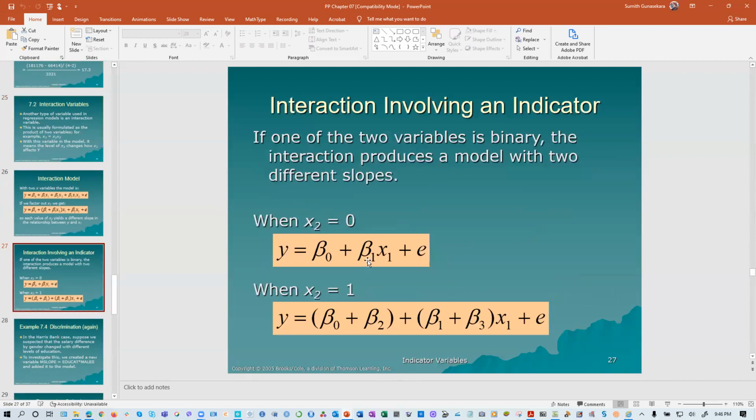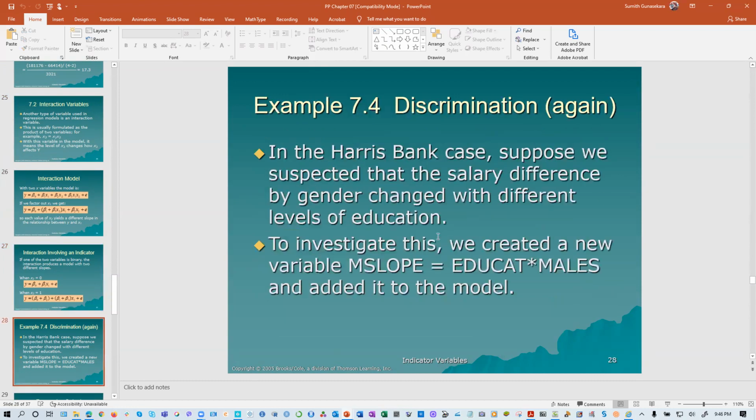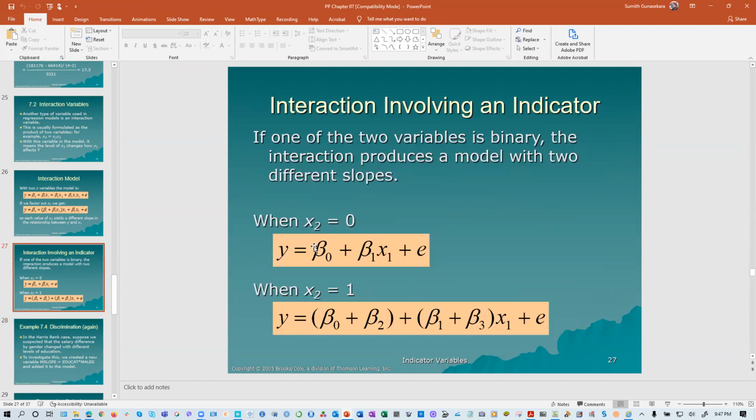So what they did was, with one of the two variables binary, the interaction produces a model with two different slopes. Look at beta naught, beta. When x2 equals 0, you have this one.